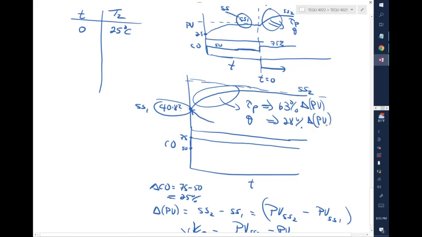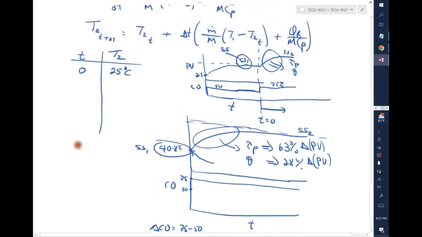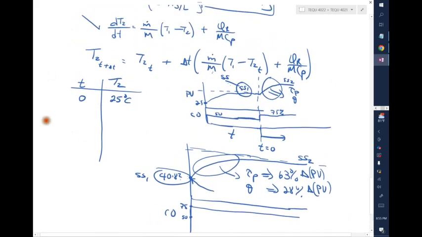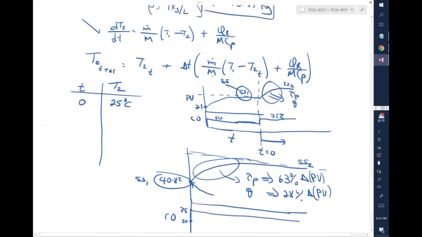All right, so what is left is how we calculate the next value here. We're going to do at least one calculation by hand, but definitely it's better to do this in Excel. Let's say at 10 seconds, what's going to be the new temperature?